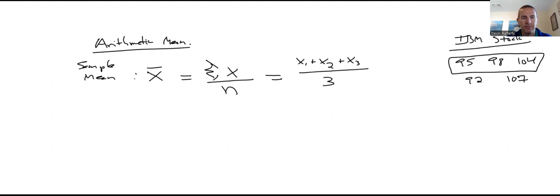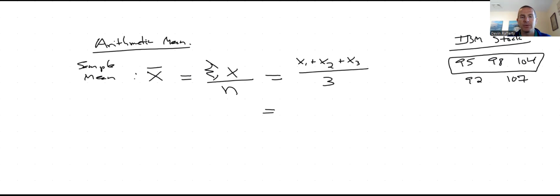Then divide by 3. So again, how'd I get here? Sample mean is X bar. I'm going to summate the values of the observations from Monday, Tuesday, and Wednesday, and then divide by 3 because that's how many observations are in my sample.